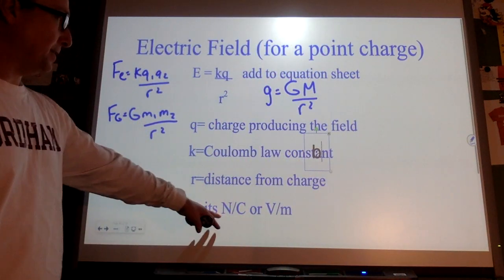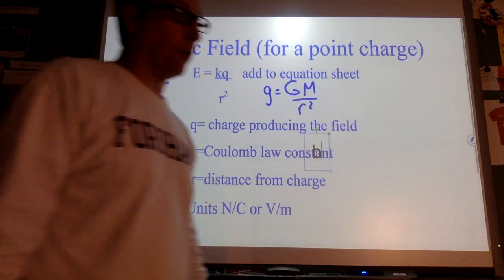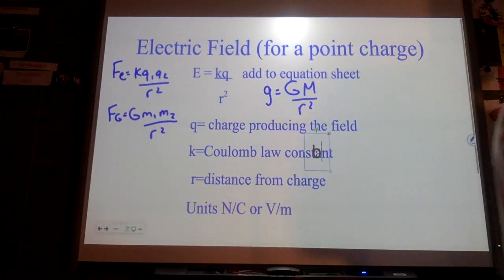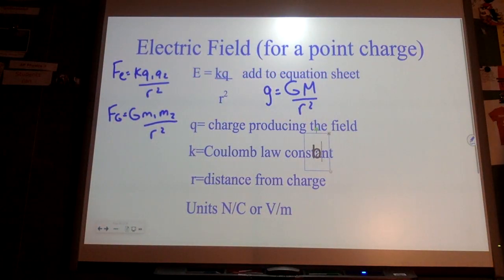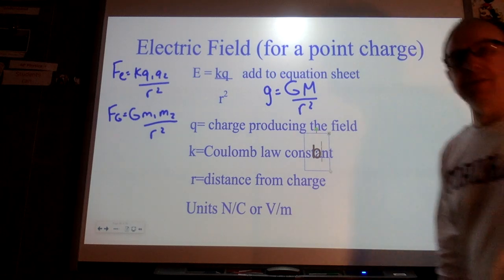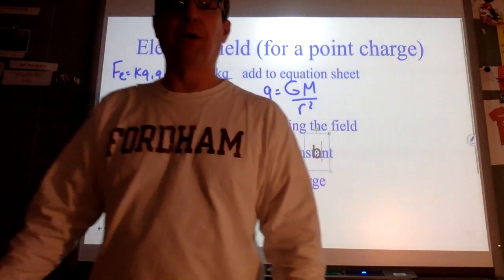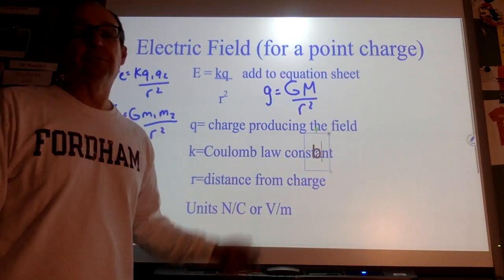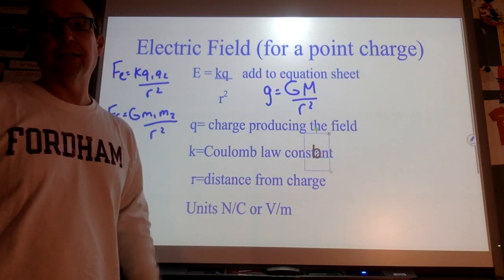The units for this are newtons per coulomb or volts per meter. And again, this isn't on the test, so I'm not going to go into great depth on calculating, but it does relate to gravitational field strength as well.